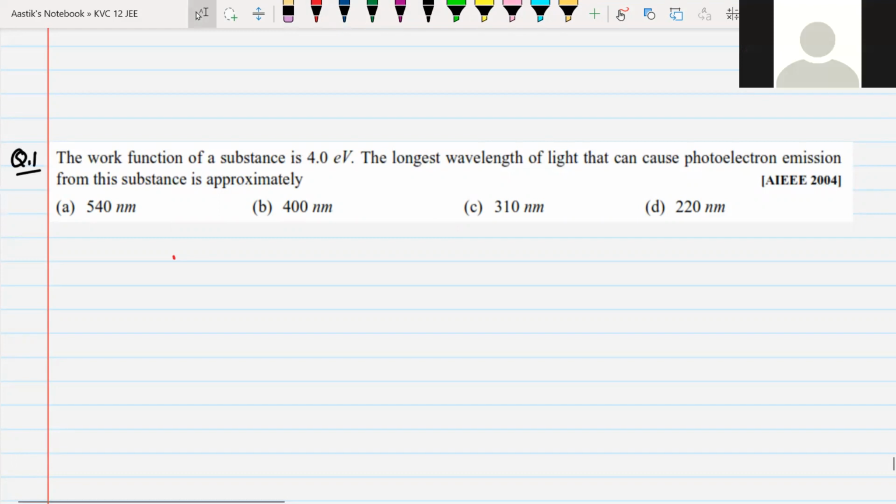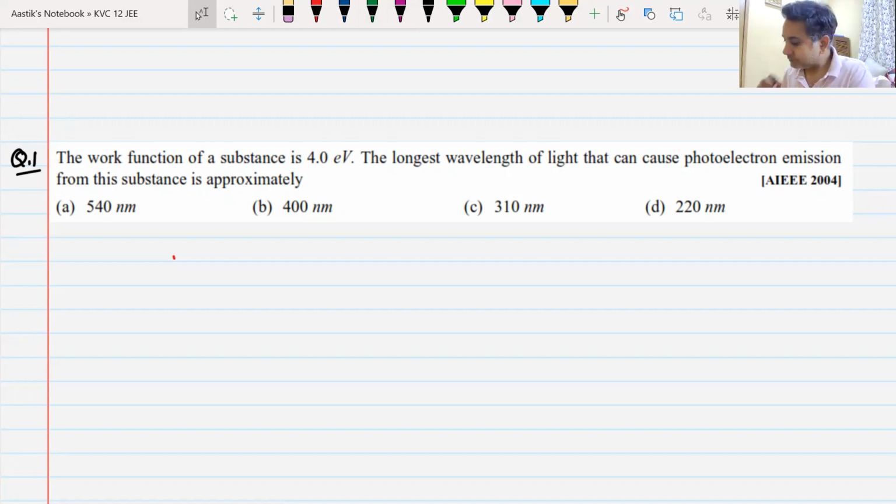Option C. Anyone got the answer? How do you get this option C? So, work function is given. You just have to put the formula.